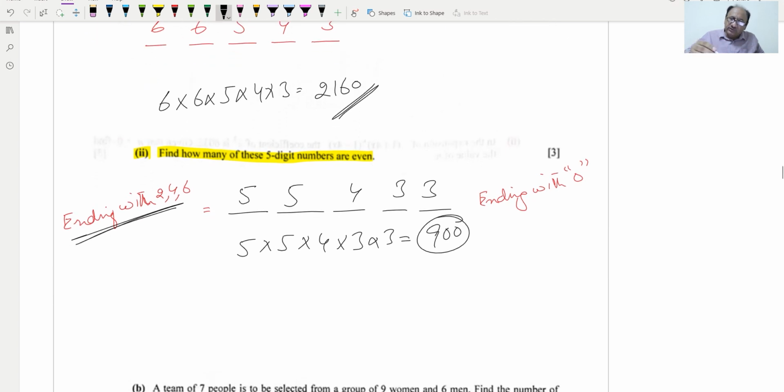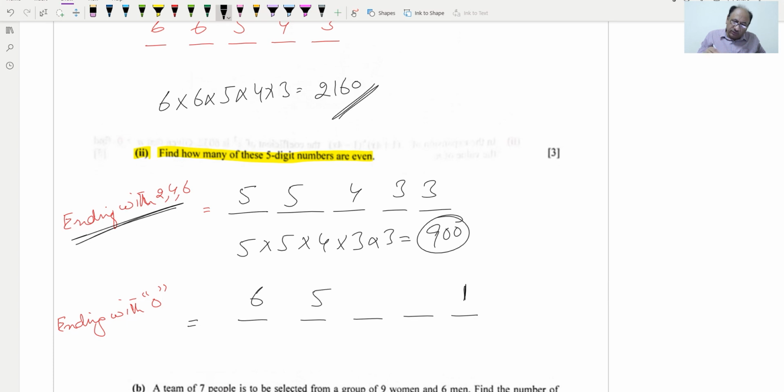Now ending with 0 will be what? Ending with 0 we can consider again. So this will be having 1, 2, 3, 4 and 5. So ending with 0 is only one time, so it will be one option, and remaining will be 6 options.